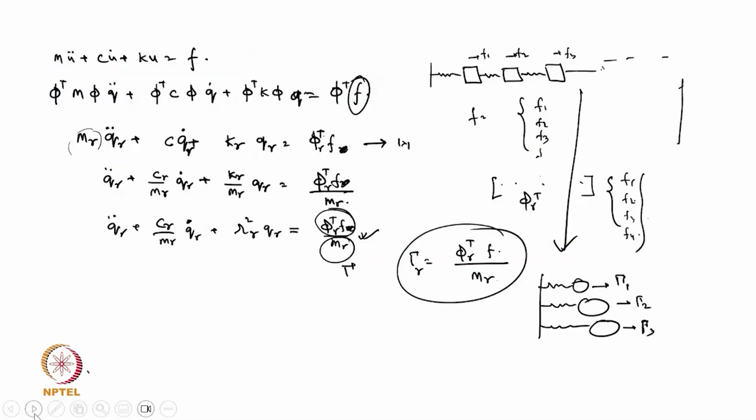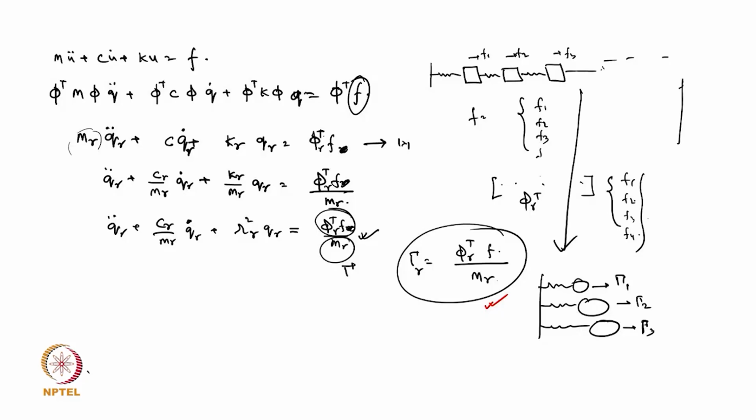Then we also showed how it comes in the transformed system, and this is the modal participation factor. We discussed up to that stage in the last class. So that is the modal participation factor for the rth mode.